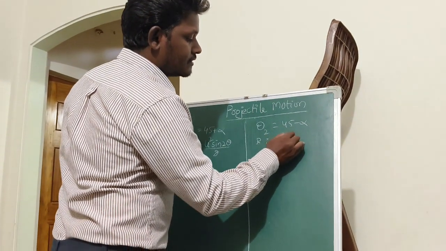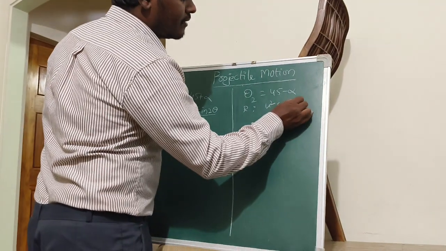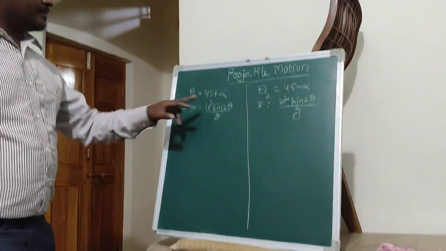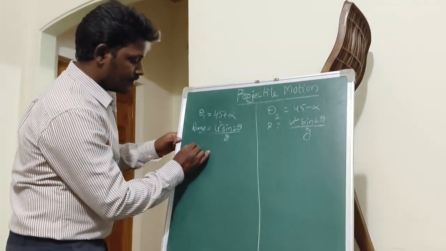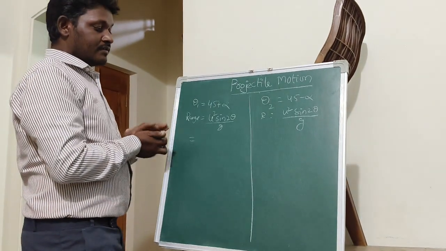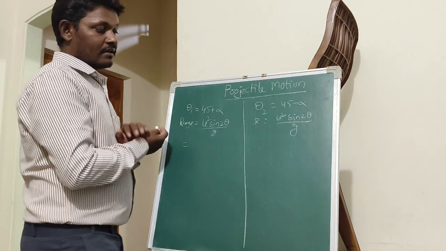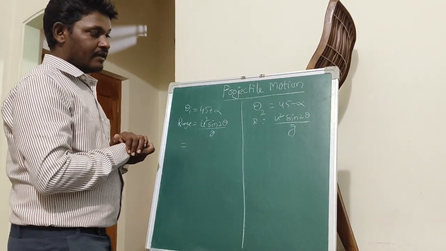Both are projected with the same initial velocity, and g is constant everywhere.